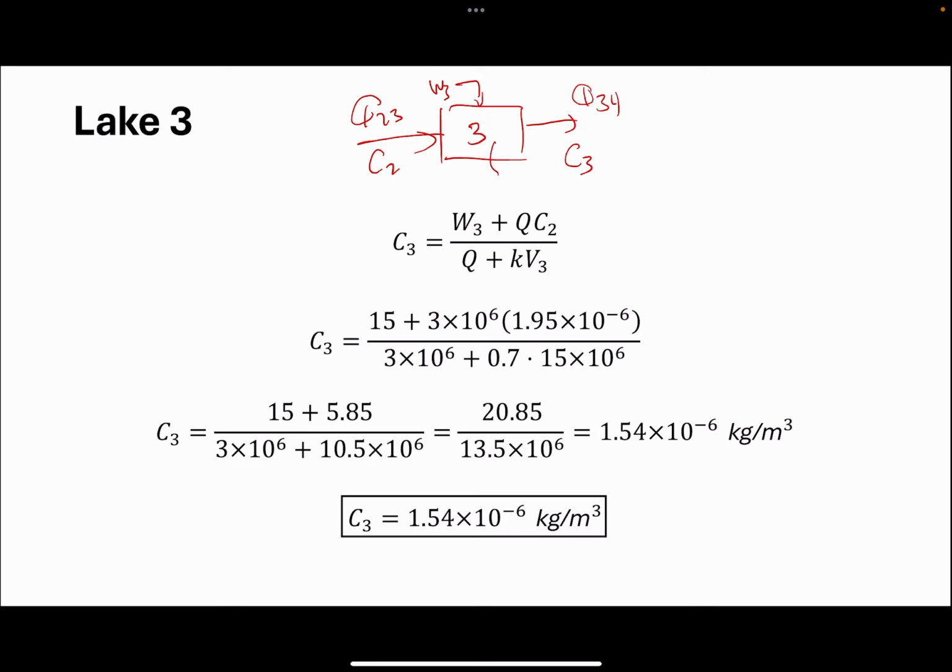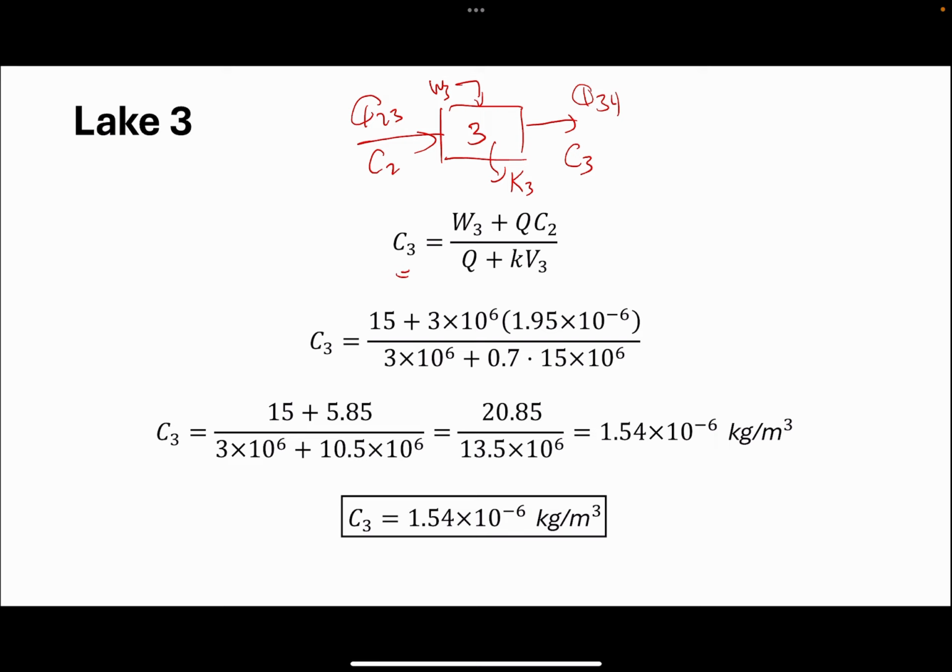And you'll have the degradation rate of lake 3. If you have settling, you should add it with the degradation too. You could redo the modeling for this, which is going to be similar to the modeling of lake 2. So you'll end up with C3 leaving lake 3.